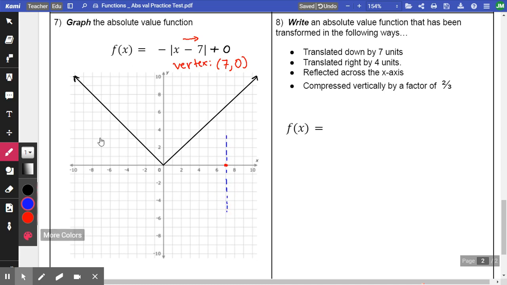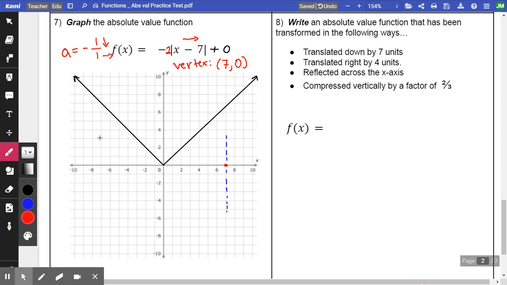All right, and my slope is going to be in front of this absolute value. There's only a negative here. There's nothing here, so I'll just add a 1, right? I only have 1 there. So a is equal to -1/1. So from my vertex point, I'll go down 1 and over 1.